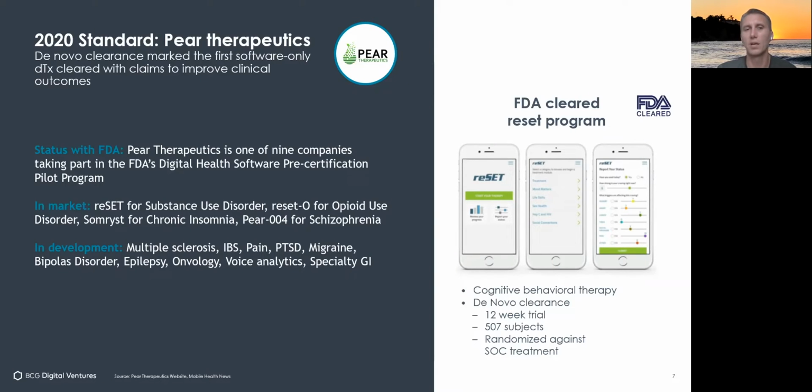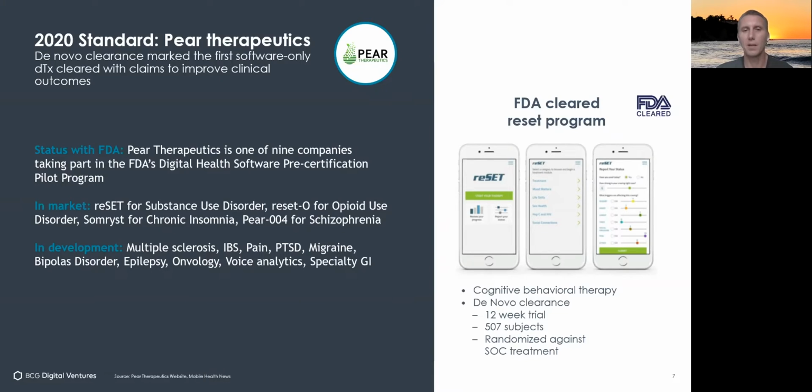They were able to use a similar platform in opioid use disorder, and most excitingly, they're actually in the schizophrenia space as of a couple of weeks ago due to relaxing regulatory standards through the pandemic. And I'll talk a bit more about that later.